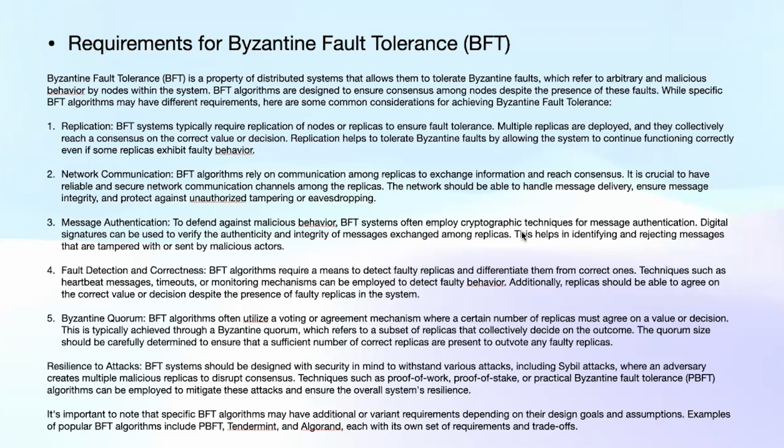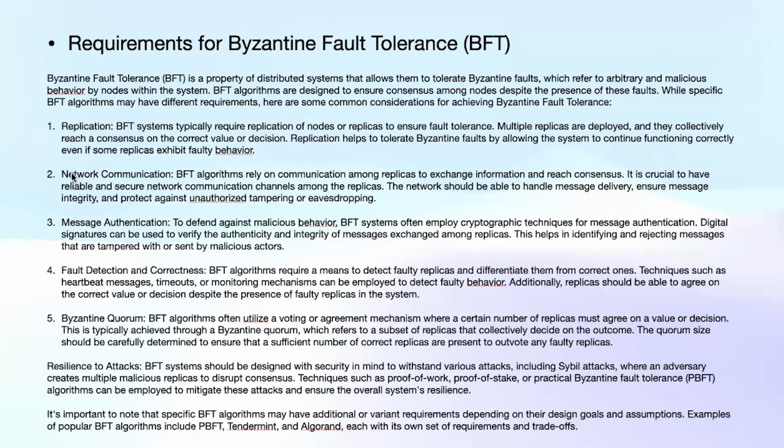Replication helps to tolerate Byzantine faults by allowing the system to continue functioning correctly even if some replicas exhibit faulty behavior. So even if some of the validators are misbehaving, but most of the validators are trustworthy, then our chain or our system will be in a healthy state.